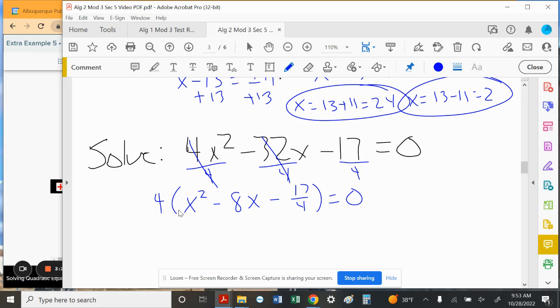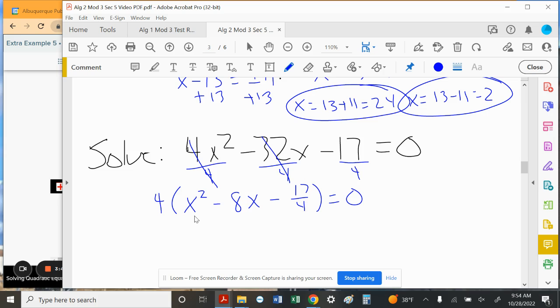Notice I have a 1 in front. That's what I want, because the only way this is going to work is if I have a 1 there. So now we're going to take a look at our b term. But notice we have our 4 over here. Because I have a 4 over here and I have a 0 over here, if I divide both sides by 4, that 4 just disappears.